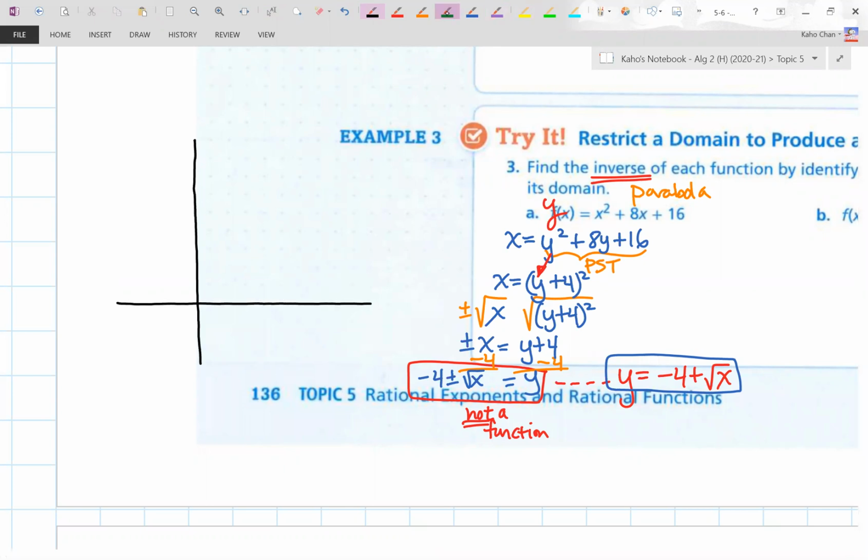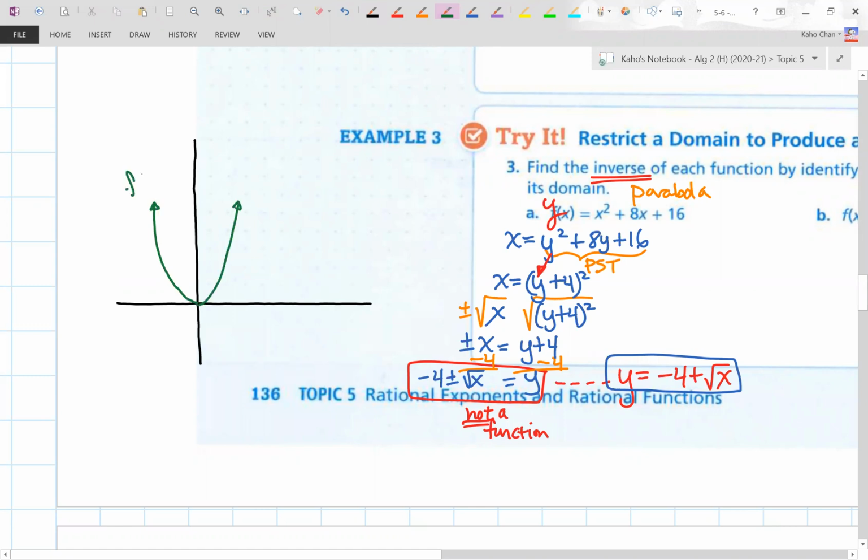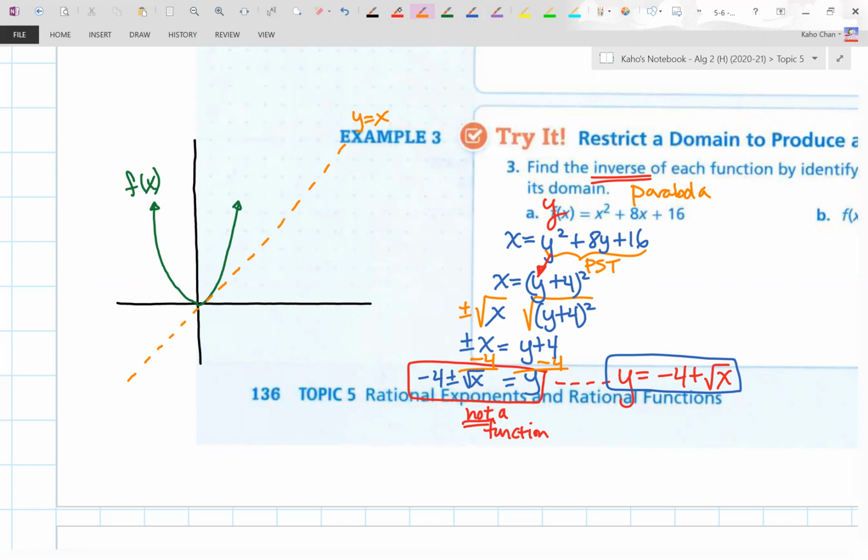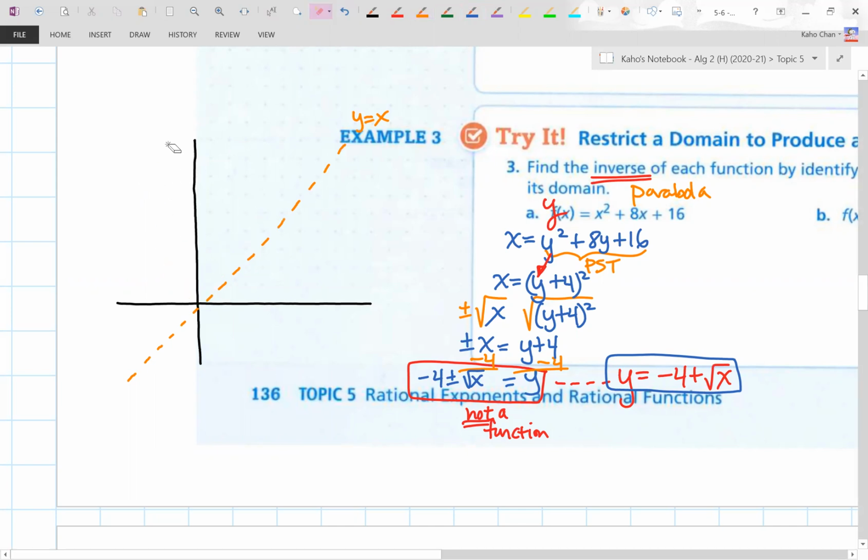We have a parabola from my original function, f of x. The graph that I just got is a mirror image of the y equals x line. The graph that we just did, oh wait, I just realized something. Sorry about that. My parabola is a little bit off. Lo siento. It's over here.